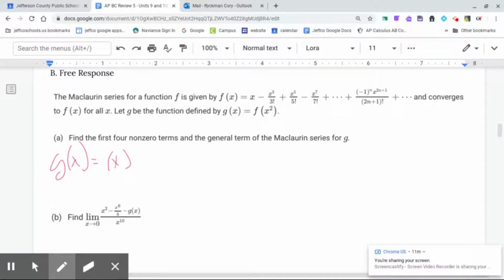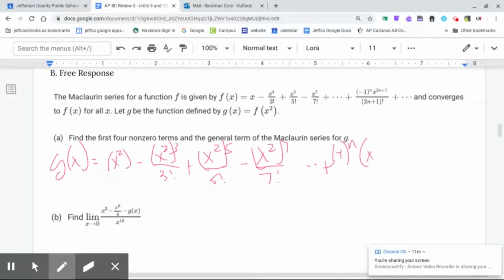You're right, x squared minus x squared cubed over 3 factorial plus x squared to the 5th over 5 factorial, which would obviously be x to the 10th, minus x squared to the 7th, which would be x to the 14th over 7 factorial, and -1 to the n, x squared to the 2n plus 1 over 2n plus 1 factorial.